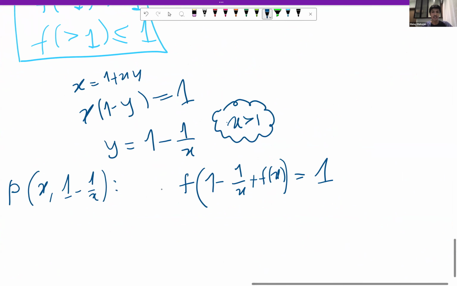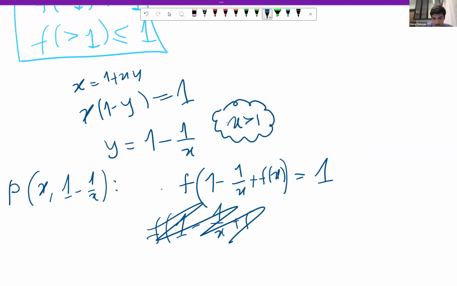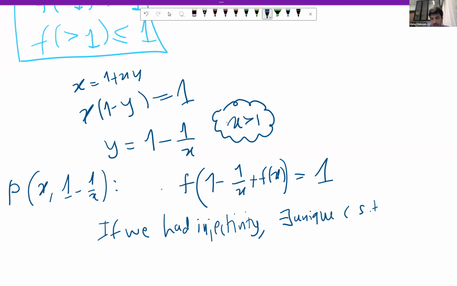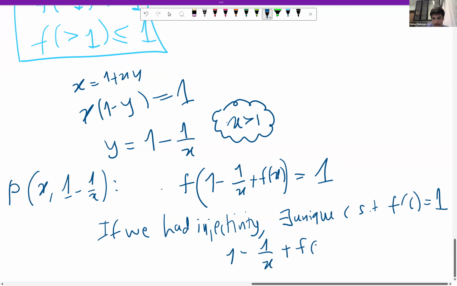And well, this is great because if we had injectivity, then suppose there exists unique c such that f of c is 1. We would get 1 minus 1 by x plus fx is c for all x, and it's fine. After this, we can finish. So that's great. So now our goal has reduced to proving injectivity.